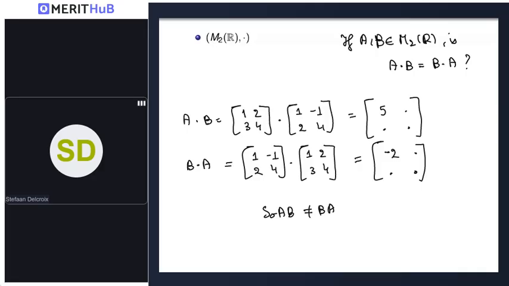So this is an extremely important example. So it really is matrix multiplication is the standard example of a multiplication that is not commutative.